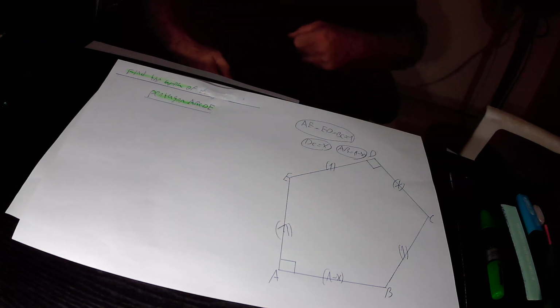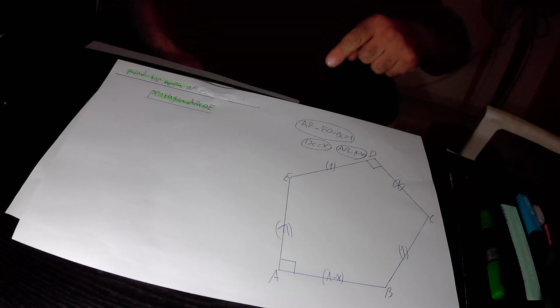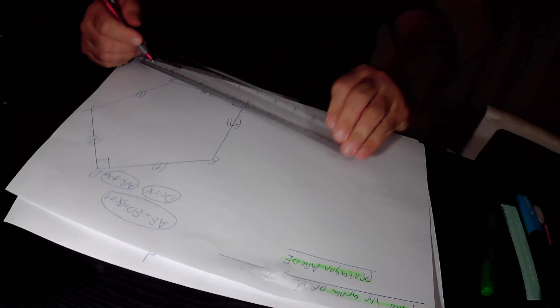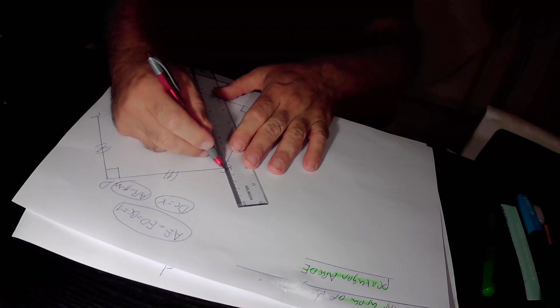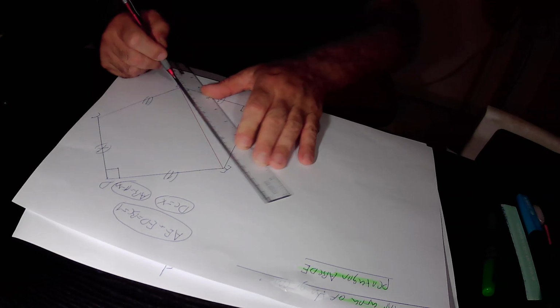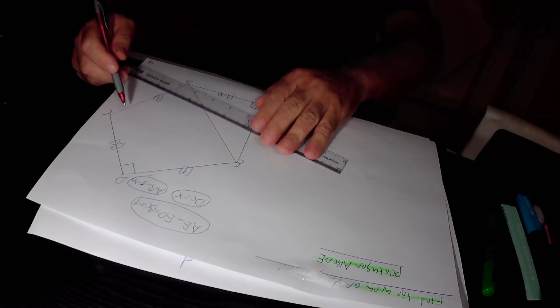So first of all, we will join points E and B together by a straight line. And we join points E and C together by a straight line.